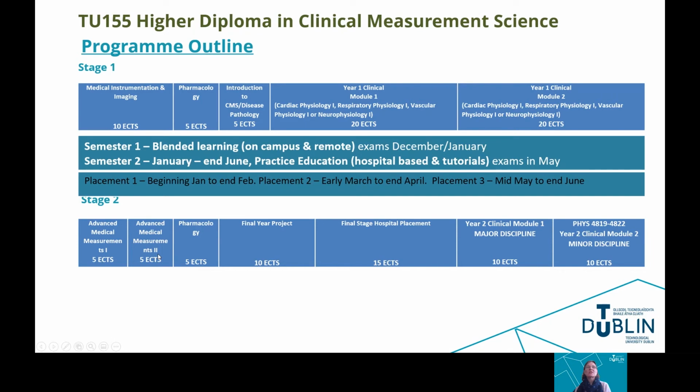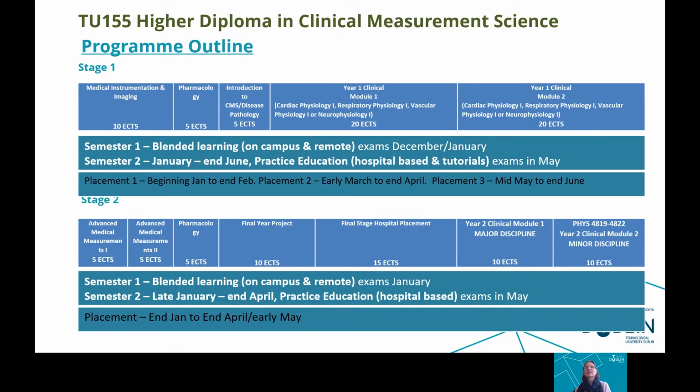These are all done up to Christmas, and you have exams in January. You then head out on placement at the end of January, the beginning of February, for a period of 12 to 14 weeks. During that time, you undertake your final year project during that placement. And then in May, you have exams in both of your clinical disciplines.